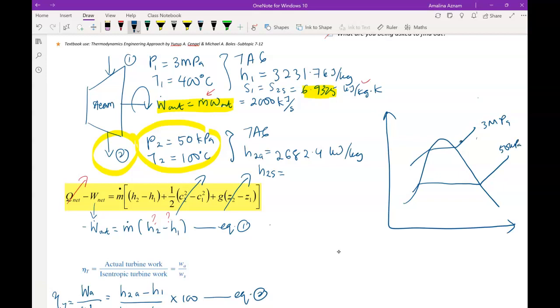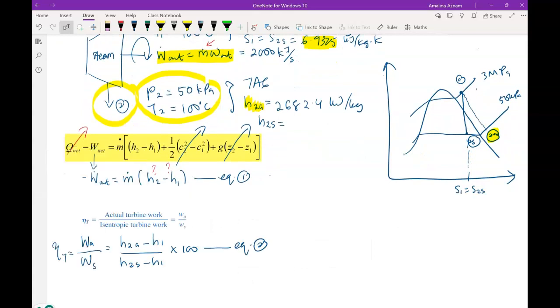From state 1 to this point, S1 is equal to S2S, and this one is the 2 actual part. As you can see, we already resolved for this 2A, where we already have our H2A over here. But because we want to find the isentropic efficiency, we will need your H2S.